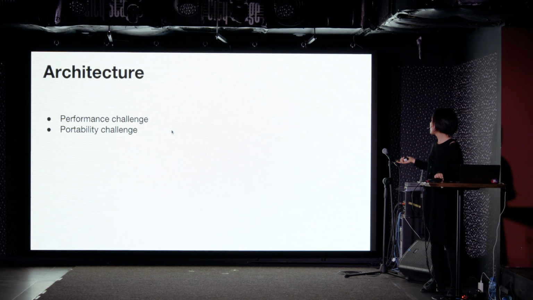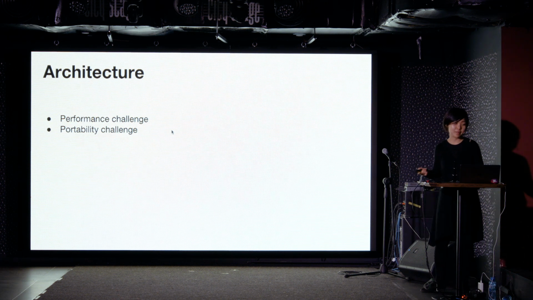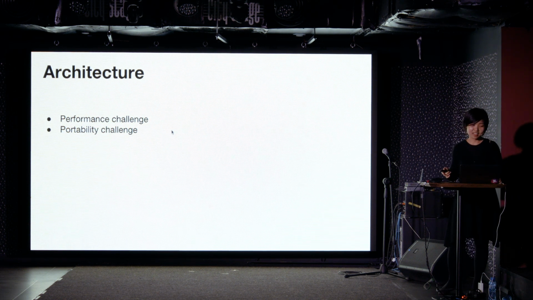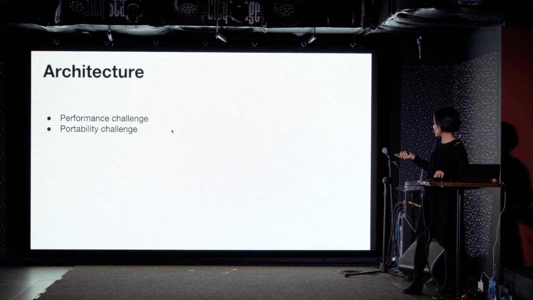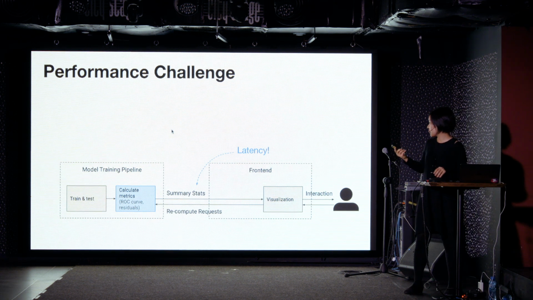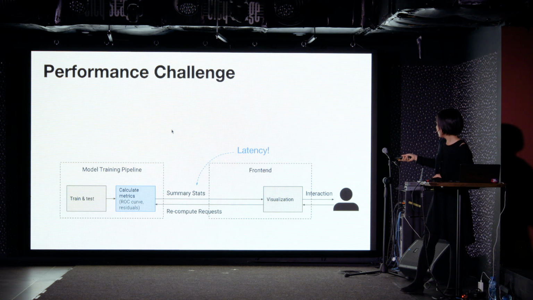And finally, I'm going to talk a little bit about the architecture of Manifold. In order to implement this idea in production, we encountered several challenges: a performance challenge and a portability challenge. As we mentioned earlier, in the previous world, we computed all the performance scores during training time.